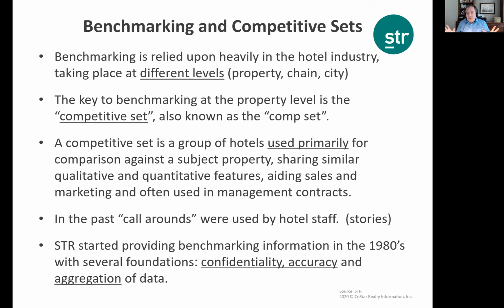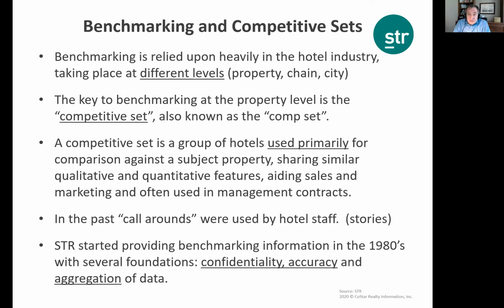Now, benchmarking is relied upon heavily in the hotel industry. It takes place at many different levels. It takes place at the property level, and that's sort of what we were focusing on. It also takes place at the chain level. If you work for one of these hotel companies, you could be a brand manager for Courtyard, and you would be comparing Courtyard to other chains in maybe your same scale or a group of chains.